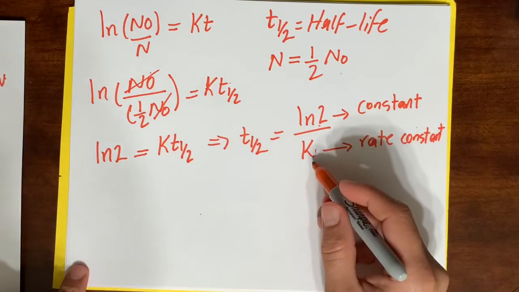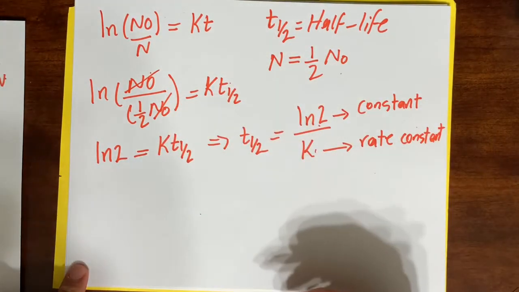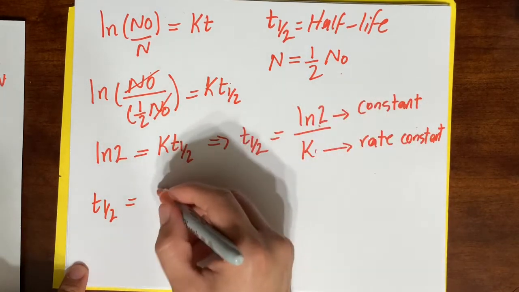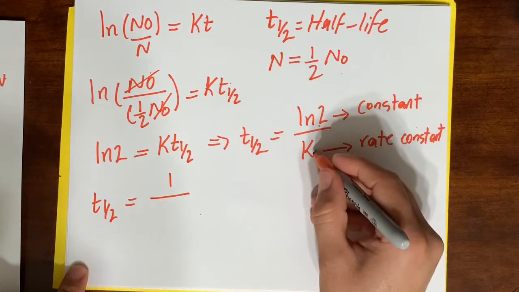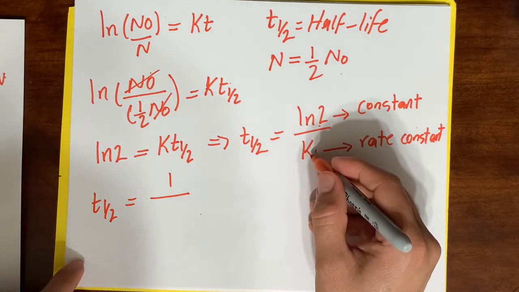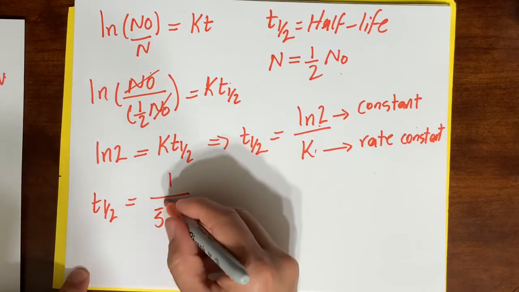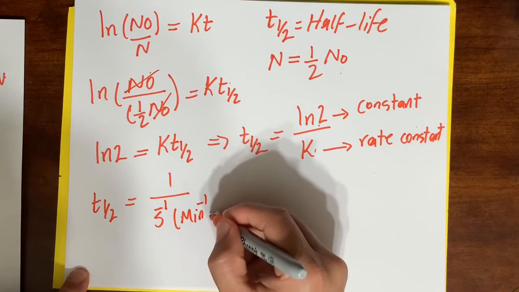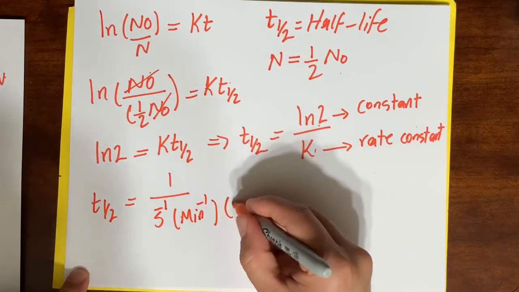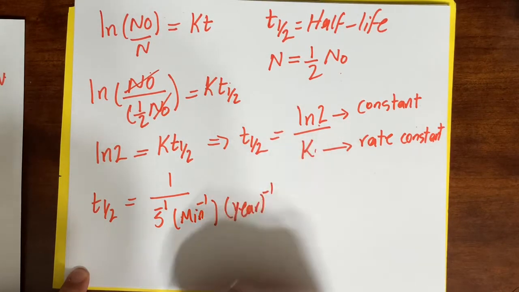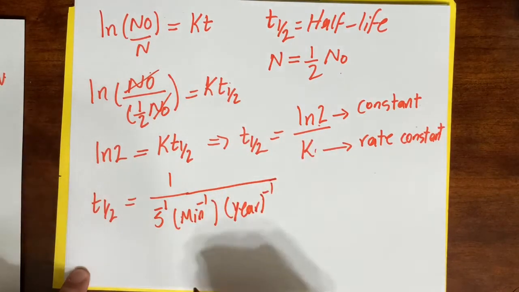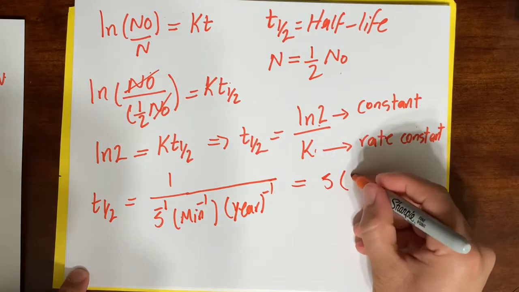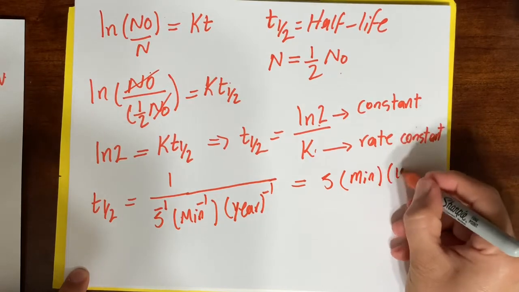For t half-life, ln of 2 does not have any unit, so technically you get 1 divided by the unit for k, and the unit for k can be second minus 1, or minute minus 1, or maybe year minus 1. Okay. So it depends on the unit of k. You will get second, minute, or year.